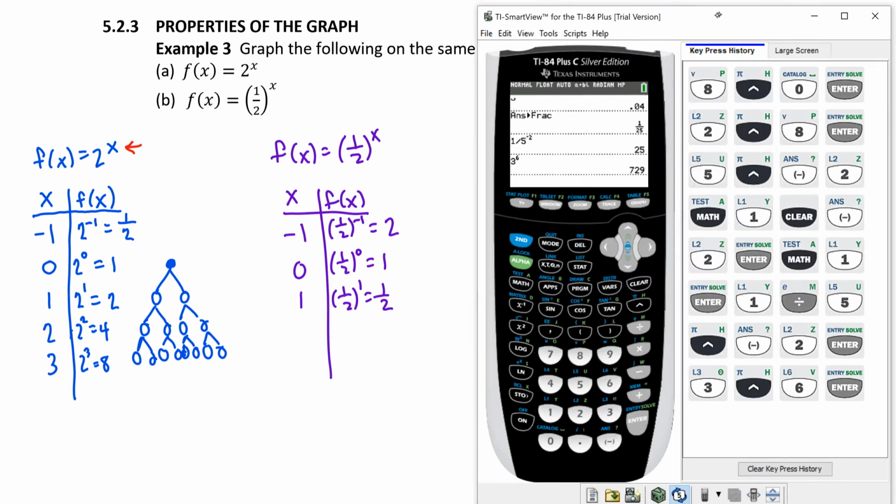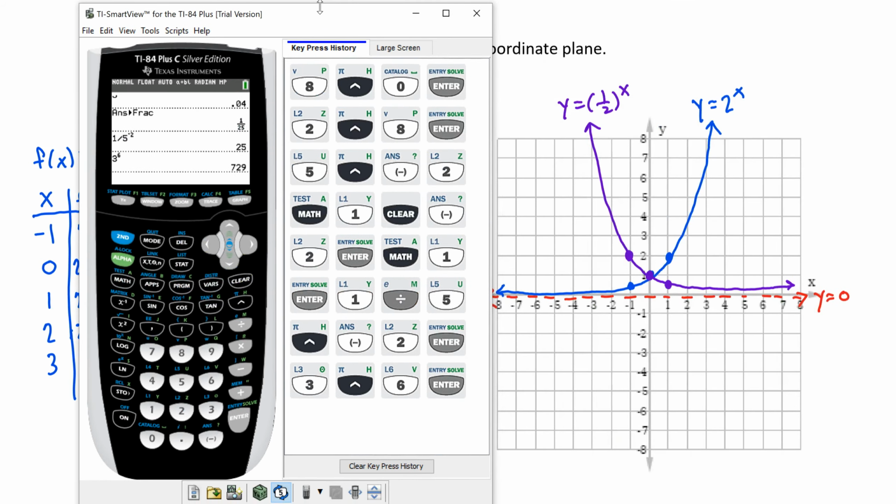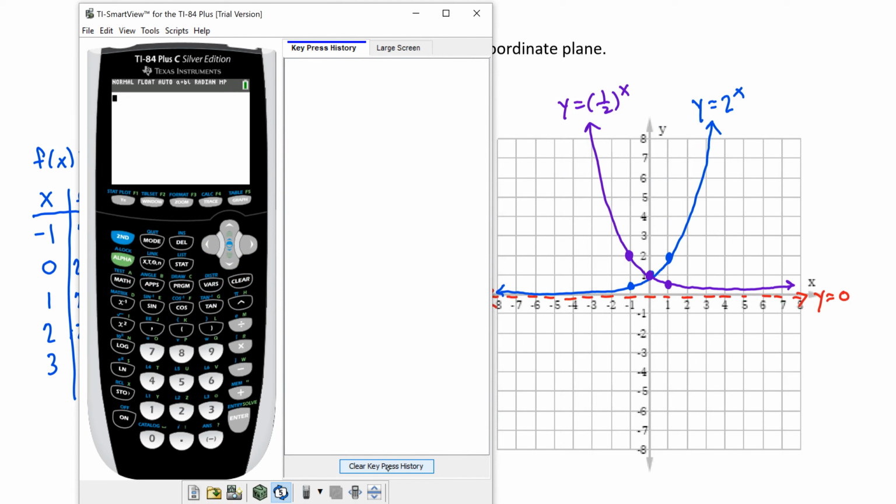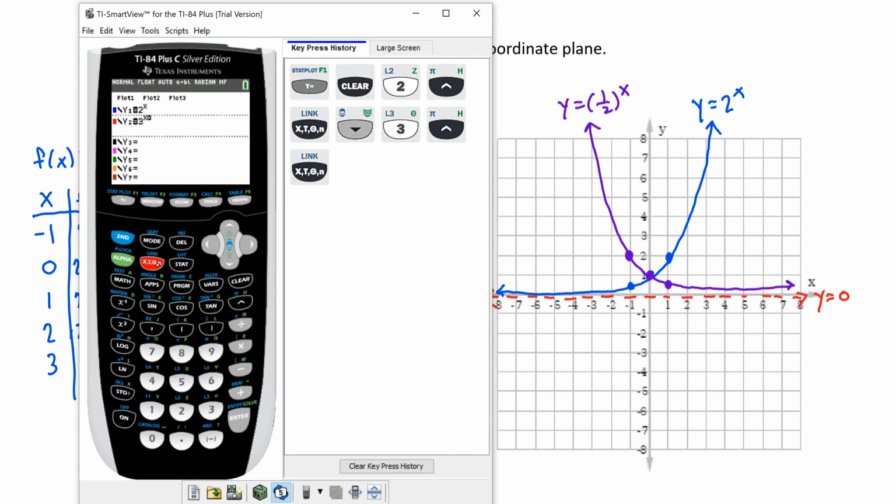Let's look at our calculators to explore a few more bases. If we go to y equals, and we type in our function 2 to the x power, and also for y2, let's examine 3 to the x power, what we're going to notice is that the two functions have very similar properties, but one is going to grow faster than the other.